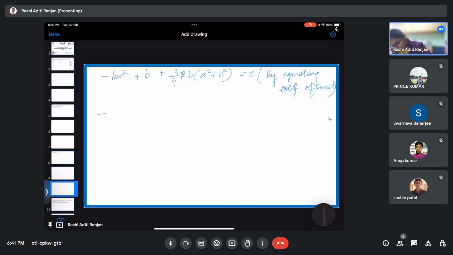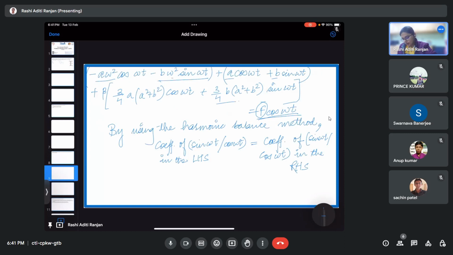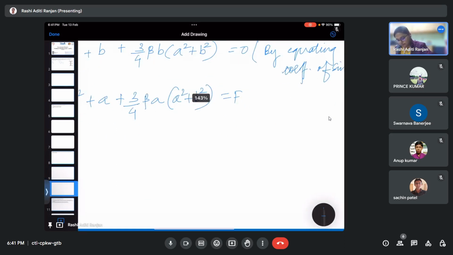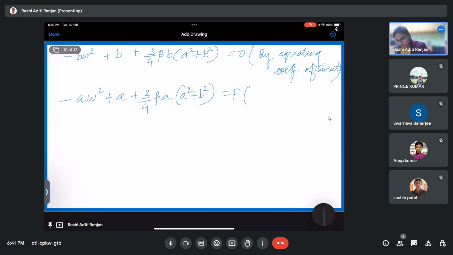So minus of a omega square plus a and plus 3 by 4 beta a square plus b square is equals to F. See, 3 by 4 beta A into A square plus B square. And this I get by equating the coefficient of cos of omega t.